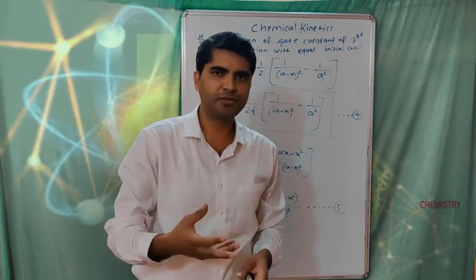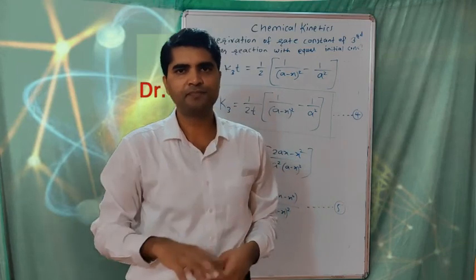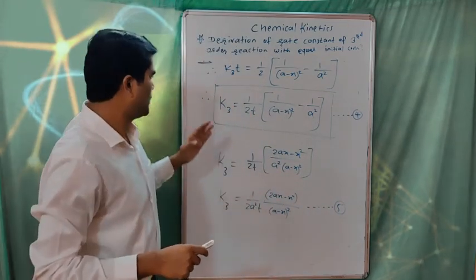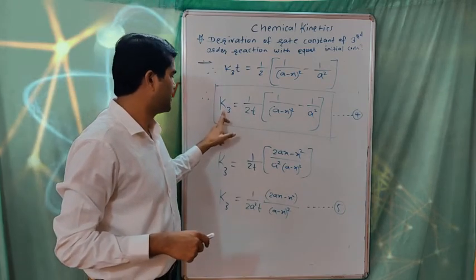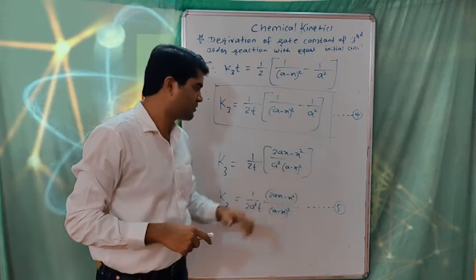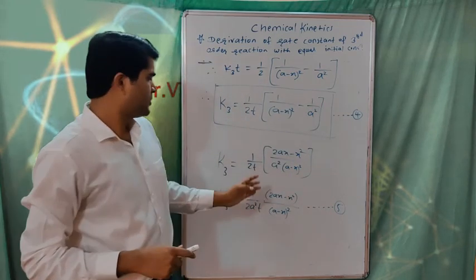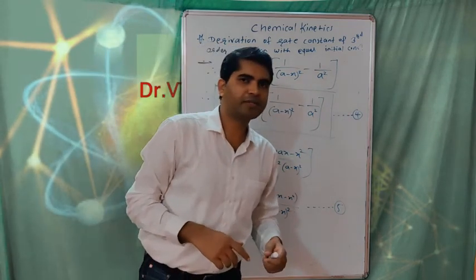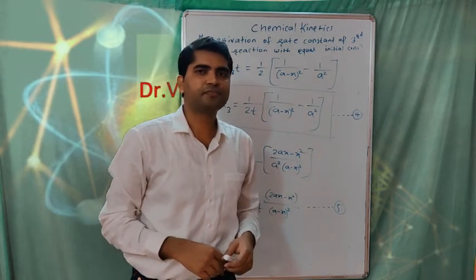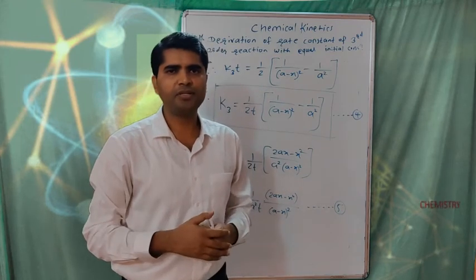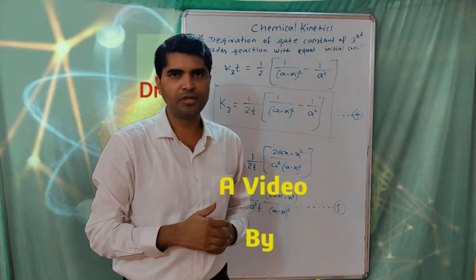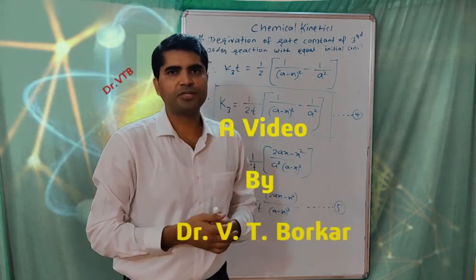To remove the derivative we took integration, and after taking integration and applying the knowledge of integration we got this equation: k3 is equal to this, that is equation 4, and k3 is equal to 1 upon 2a square t in bracket 2ax minus x square upon (a minus x) bracket square. So remember these steps and remember this derivation. This derivation is very important for semester examinations.